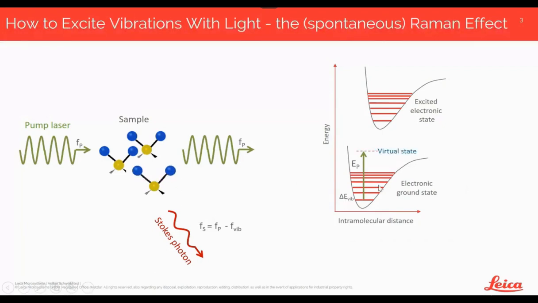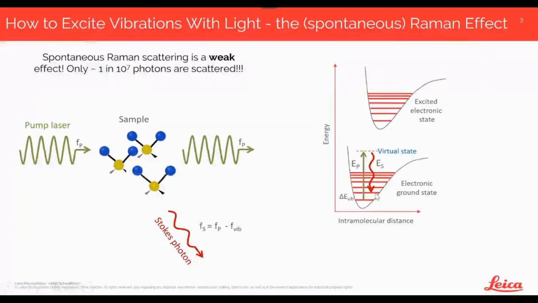So in our energy diagram, this process looks like this. The pump photon is being absorbed or used to transfer the molecule to a virtual state, from which it will then spontaneously emit this redshifted photon, leaving the molecule in a vibrating state.